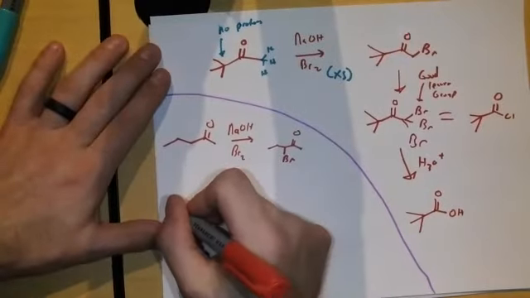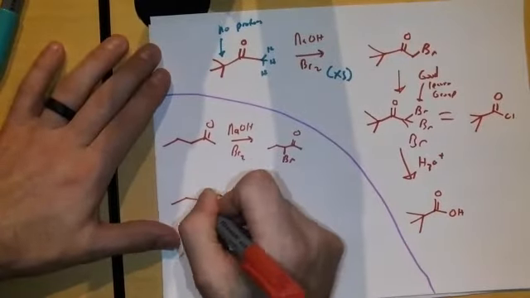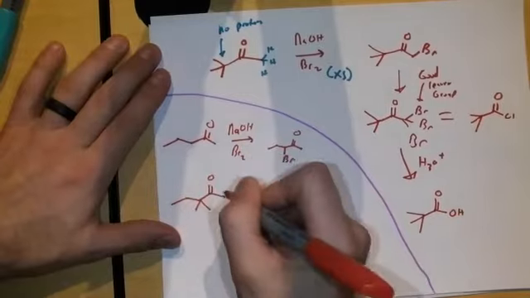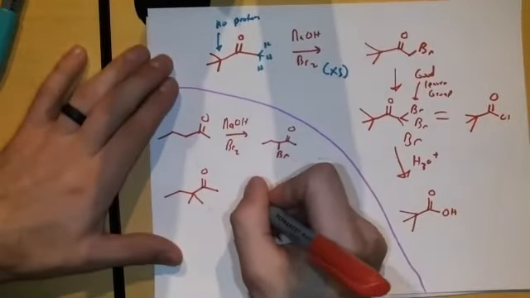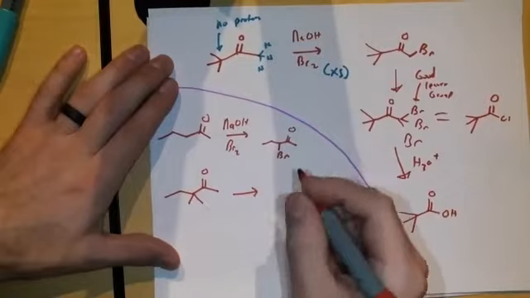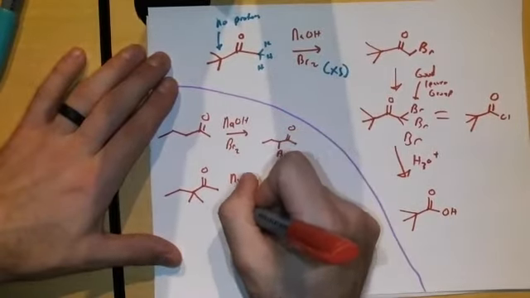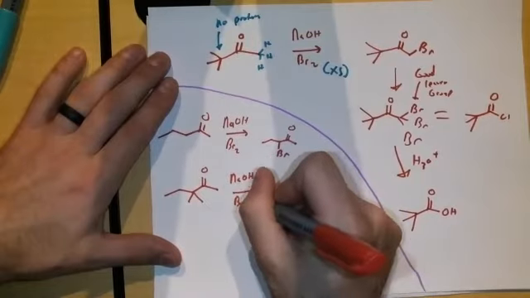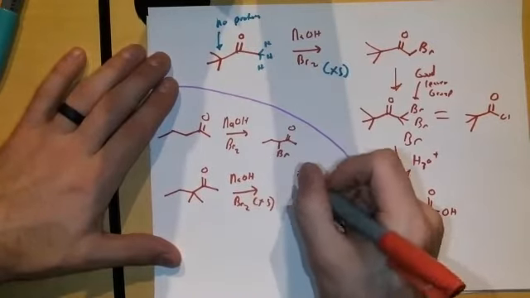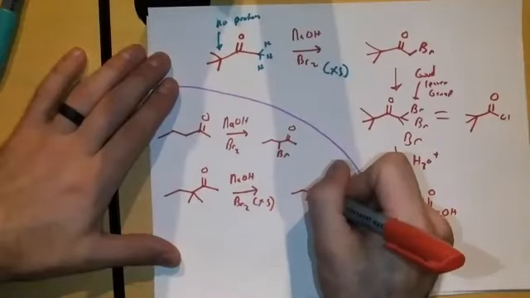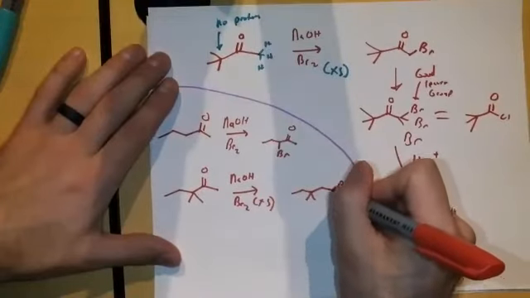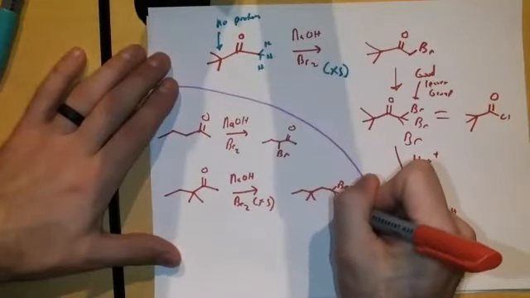If I block it by turning that into a tert-butyl and add Br2 in excess, NaOH is catalytic, I can tribrominate.